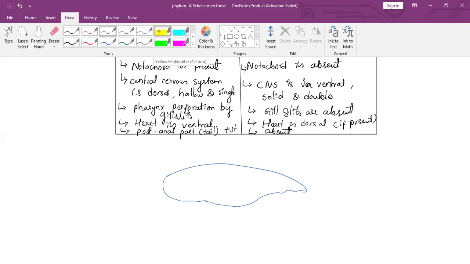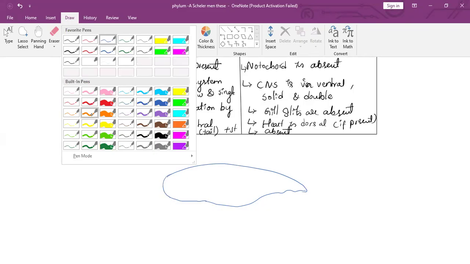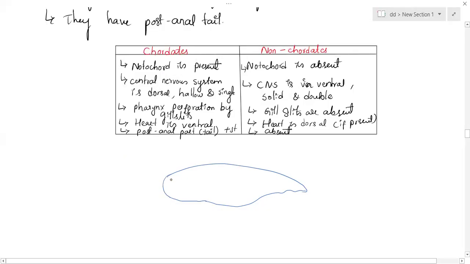So let me draw. I'll give a color so that you understand what is nerve cord and what is notochord. This will have some fixation, the back.